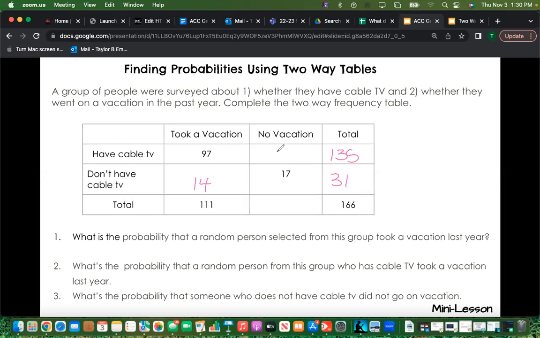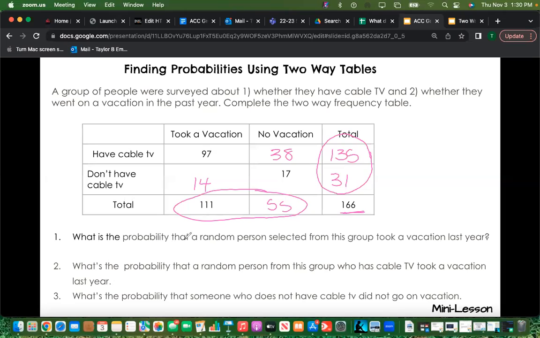Say it again. 38. Okay. Now if we take 38 and we add 17 to it, and notice how when we add these together, we get this total. We add these together, we get this total. And then the columns all add up. Okay, this is what y'all do second semester for geometry.